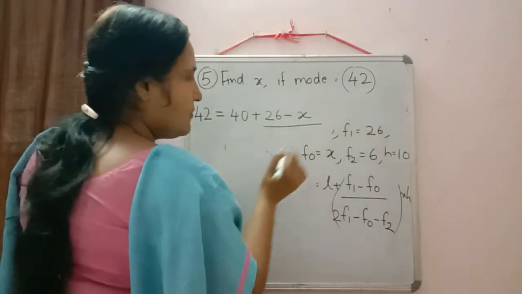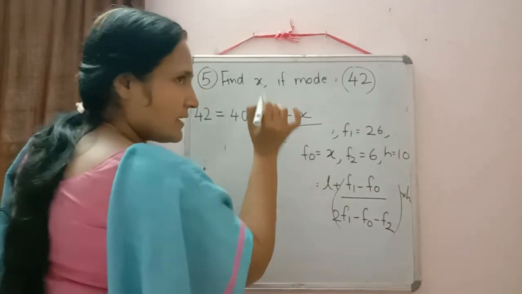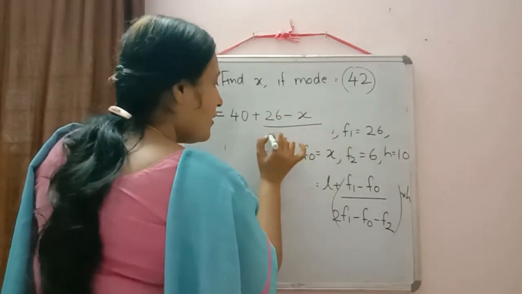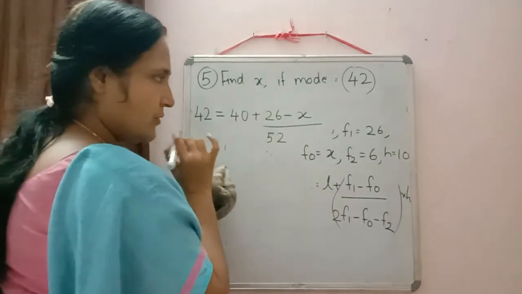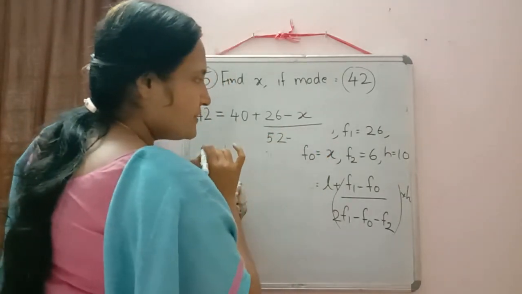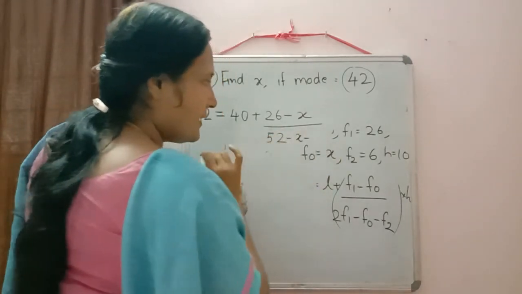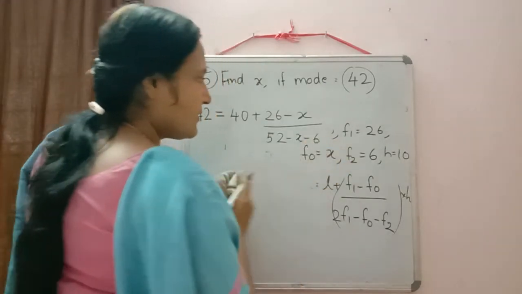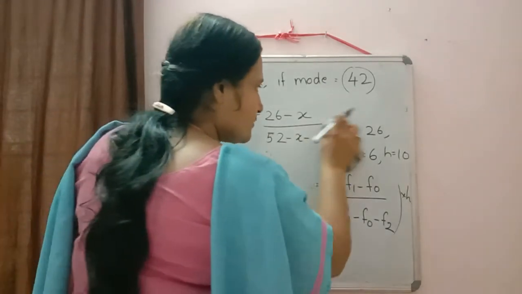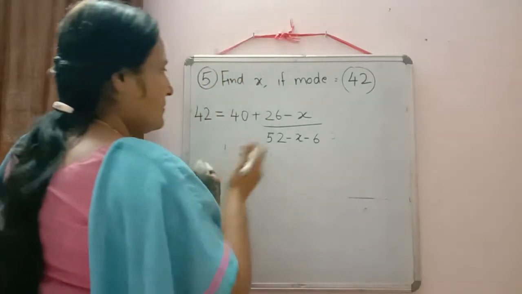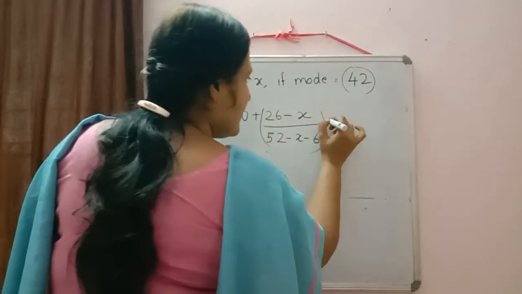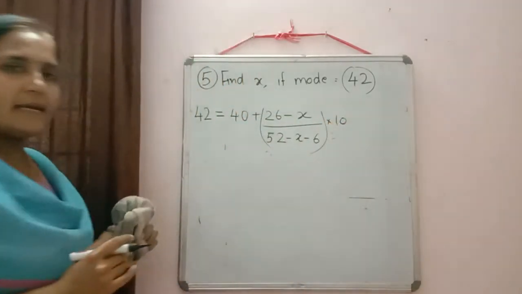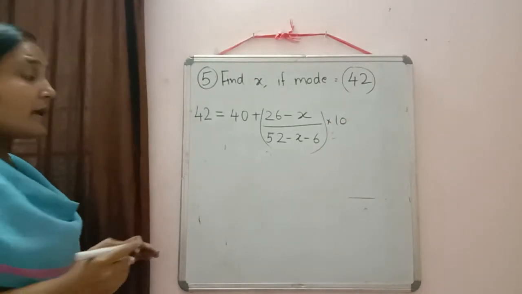So 2 into 26. 2 sixes are 12, carry over 1. 2 twos are 4 plus 1, 5. 52 minus F0, that is x, minus F2, that is 6, into h, so into 10. Till here it is clear how we have substituted the values.